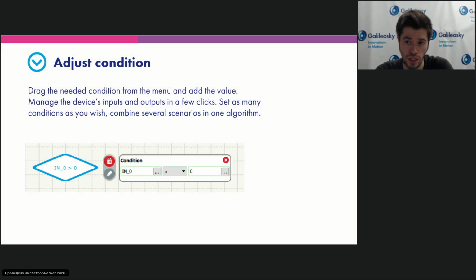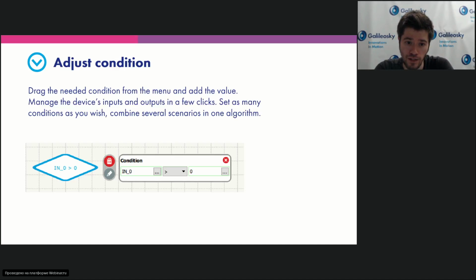The conditions are used for different branches of the algorithm. So when you need to divide it in several ways, for example, when the input is less than a certain value, or when the input is more than a certain value, and so on.